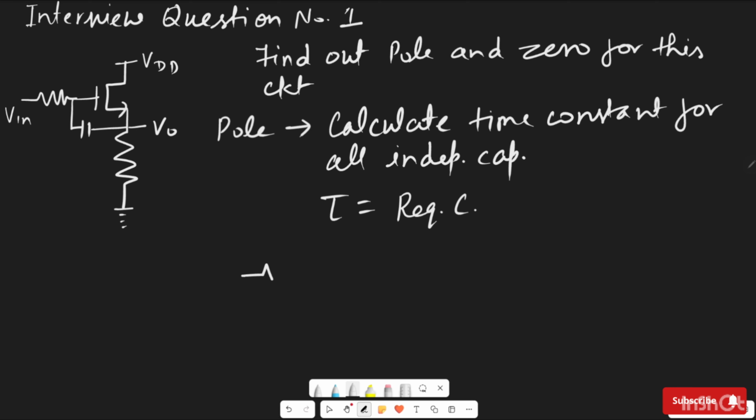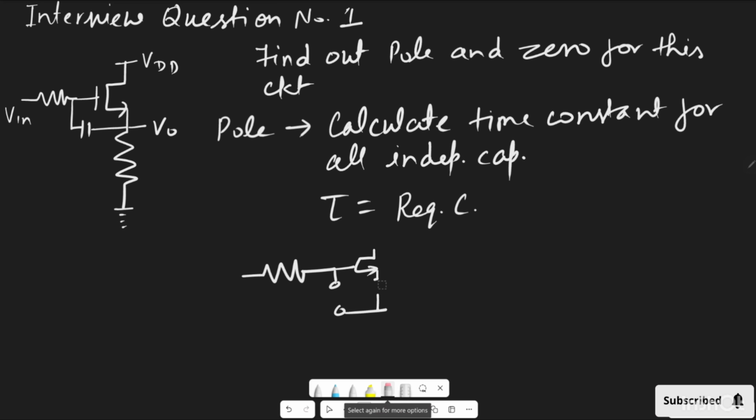To calculate R equivalent, we will remove the capacitor and ground the sources. So this is grounded here and grounded here. The capacitor we have removed. This is also grounded.